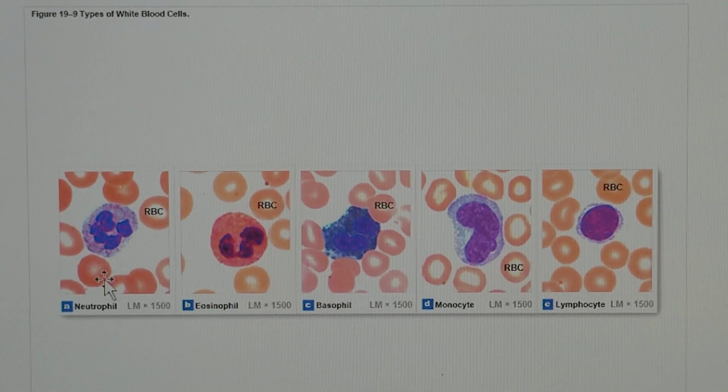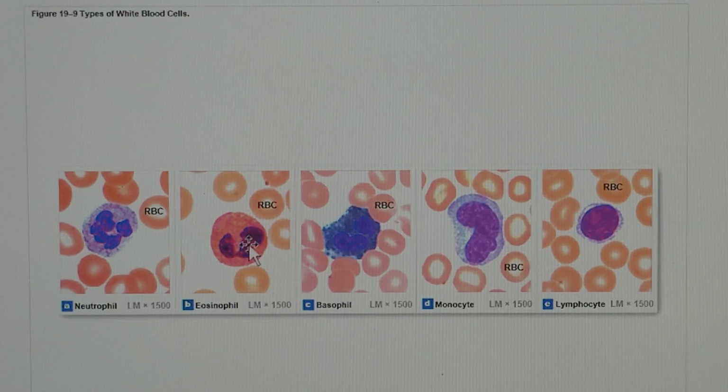Here we see a picture of a neutrophil, an eosinophil, a basophil, a monocyte, and a lymphocyte. Some characteristics that you might be able to pull out here is we have 3-lobed nuclei in the neutrophil, which is the most abundant white blood cell in the body. Here we have an eosinophil, which is stained orange.